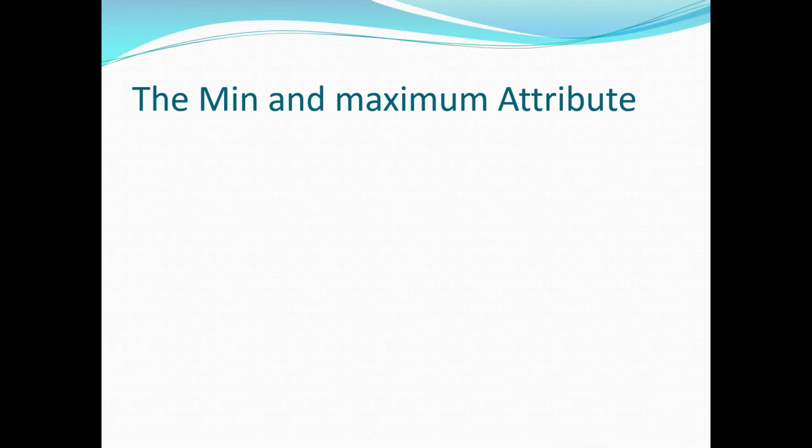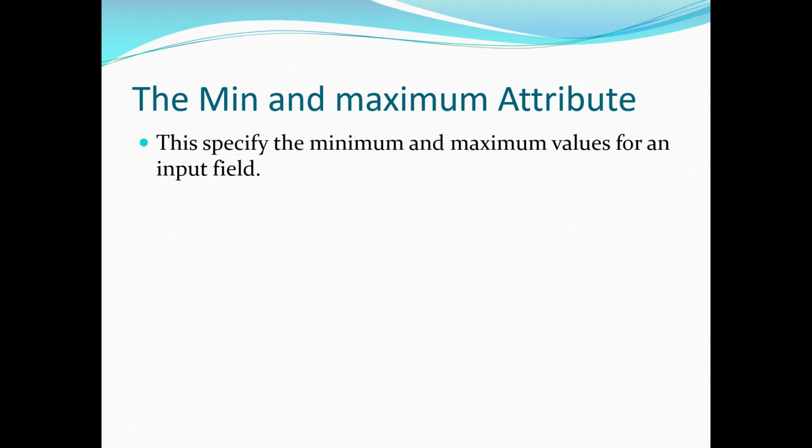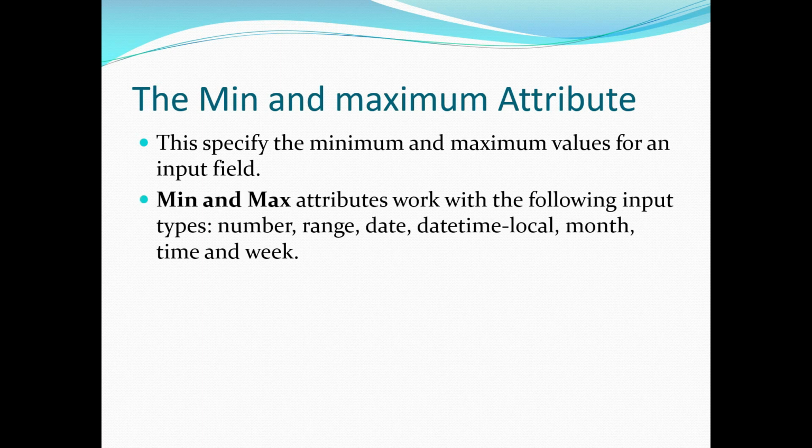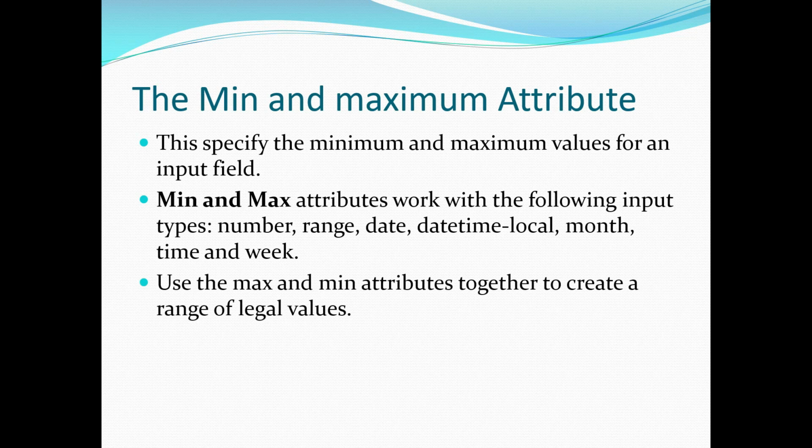The minimum and maximum attributes. As their names indicate, they specify the minimum and maximum values for an input field. The min and max attributes work with the following input types: number, range, date, datetime-local, month, time, and week. Use the max and min attributes together to create a range of legal values.